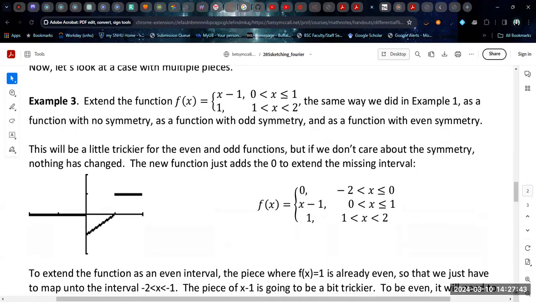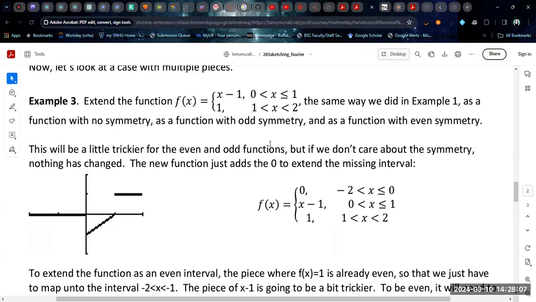Now, let's look at one additional example that's a little bit more complicated, where it's already composed of multiple pieces on our 0 to L interval. In this case, we have x minus 1 between 0 and 1, and then we have 1 from 1 to 2.